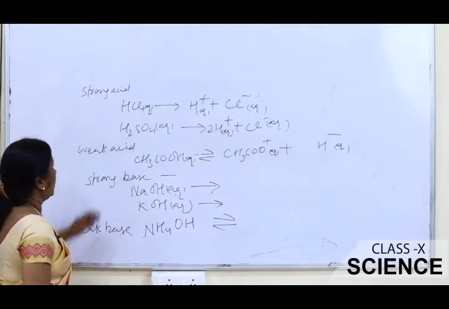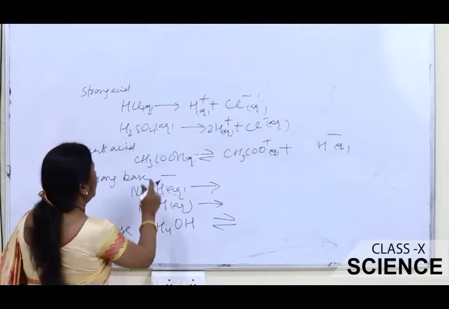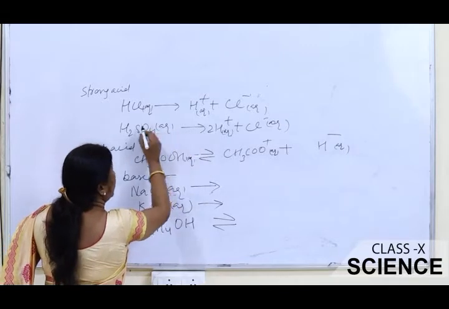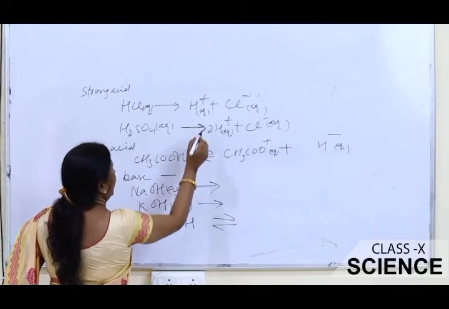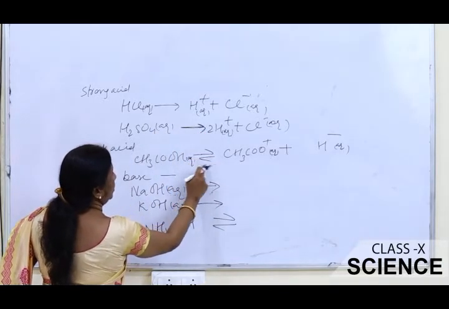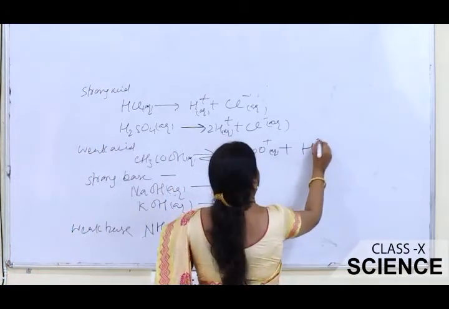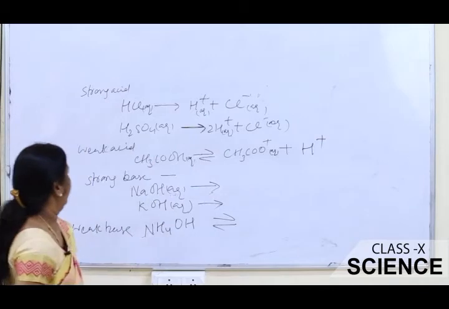In case of a weak acid, you can see acetic acid, CH3COOH, is a weak acid, and see here the strong acid is denoted by a single arrow, whereas a weak acid is denoted by double-headed arrows, CH3COO minus and H plus ions, right.